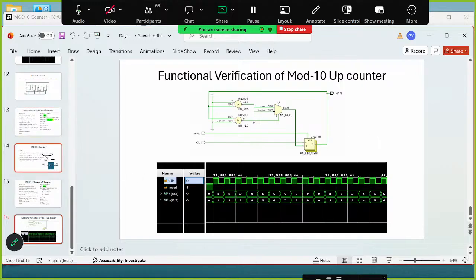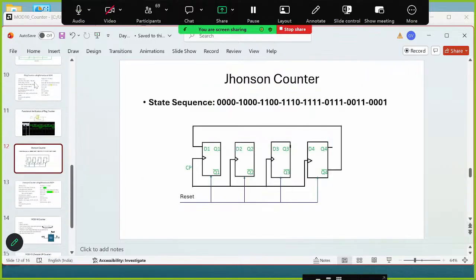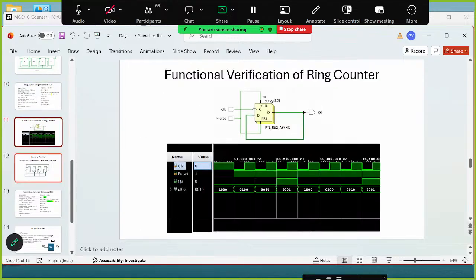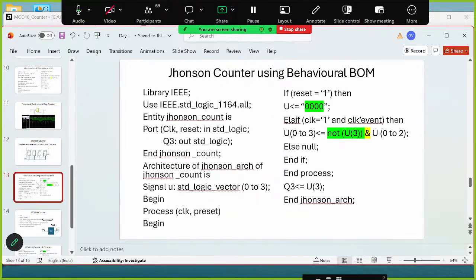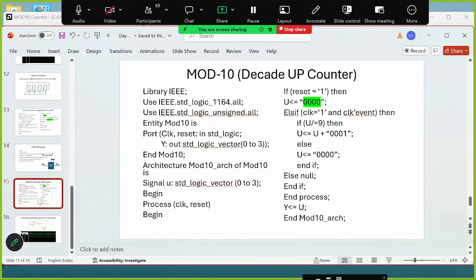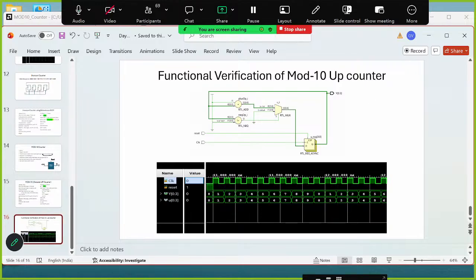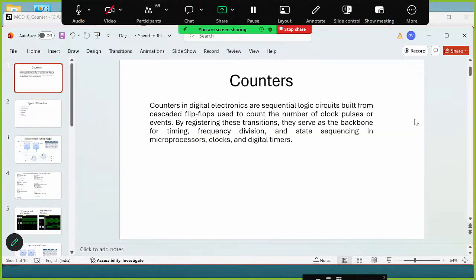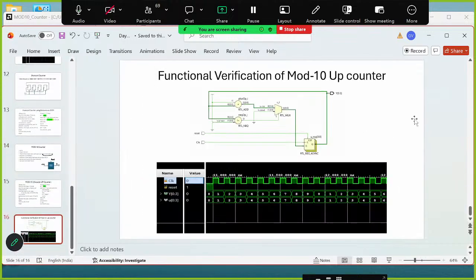So today, if you see, we have designed a ring counter, we have designed a Johnson counter, we have also designed a mode counter. You can try the mode 10 down counter by yourself also. So we have completed all types of counters till date.